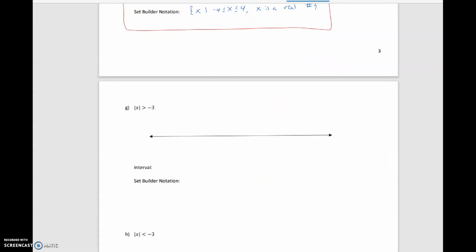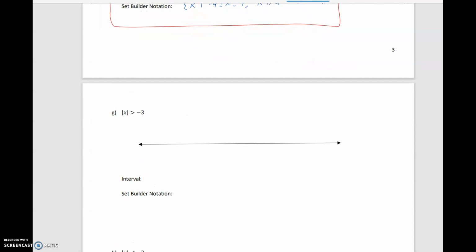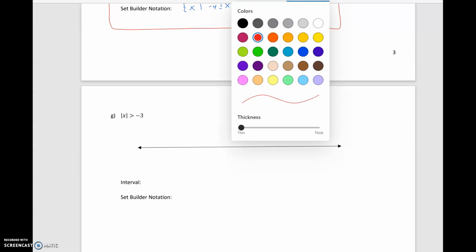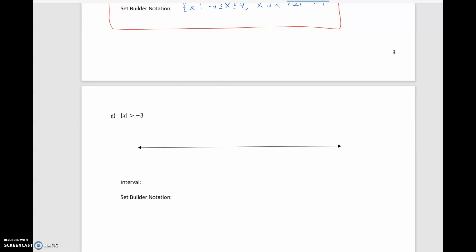Let's move on to G. Now, G is a little bit of a tricky one because of the following. Technically, this is 0. And the statement reads here, a distance greater than negative 3, which technically can be translated to a distance greater than or equal to 0.